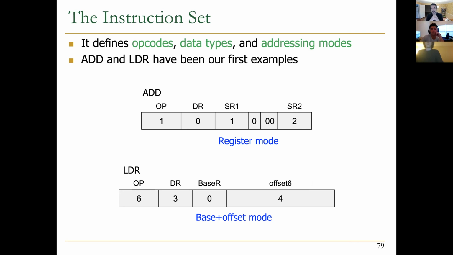So the addressing mode, depending on the particular instruction, would be different. And the type of addressing mode we have for each particular machine is part of the ISA, part of the instruction set architecture.